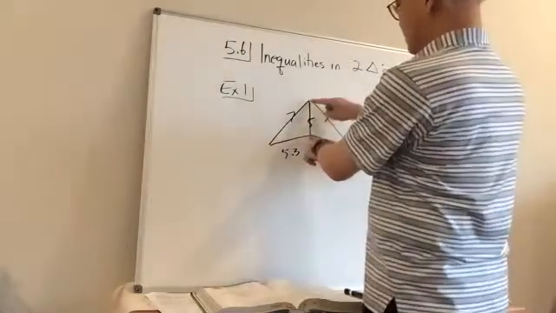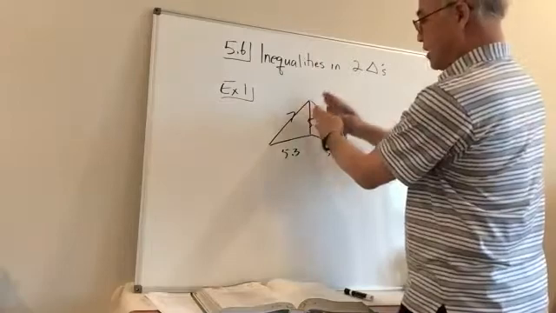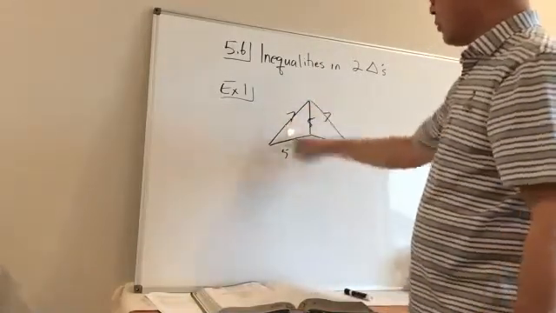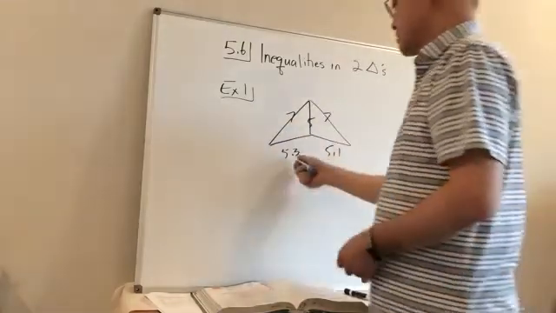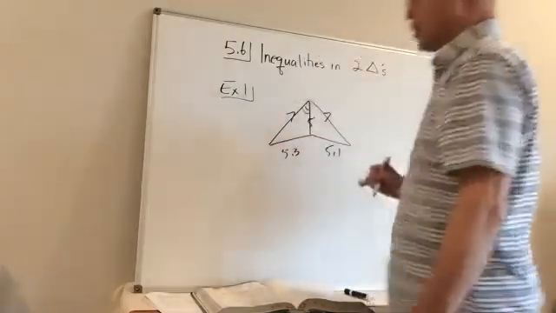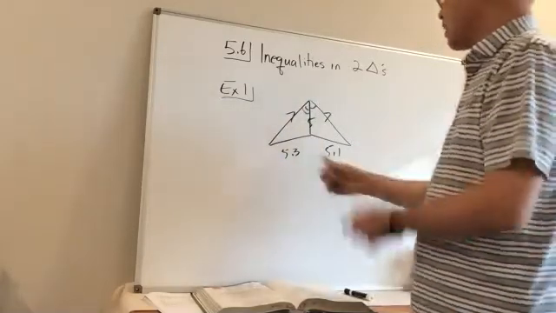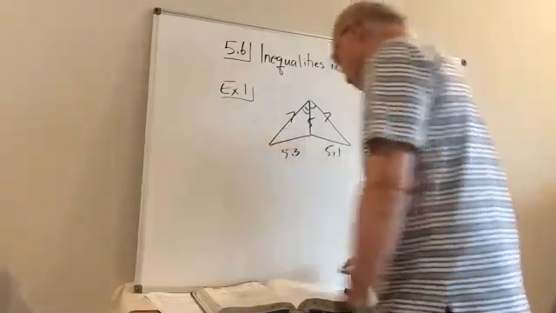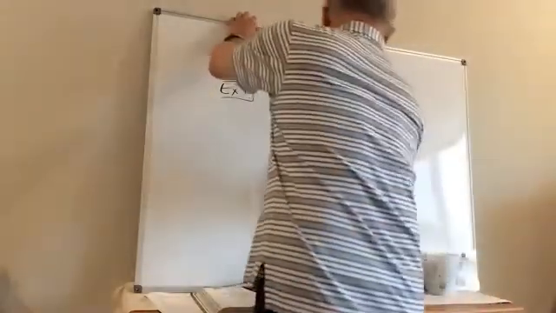Since this side is the same and these two sides are the same, we have a hinge going on here. We have two sides that are congruent between this triangle and this triangle. Since this has the longer side, this angle is going to be larger compared to that angle, according to the hinge theorem.